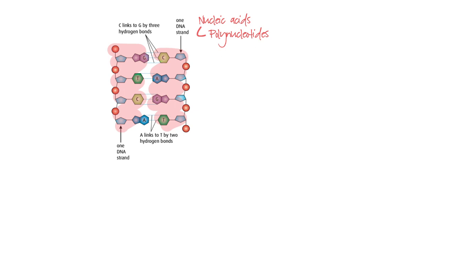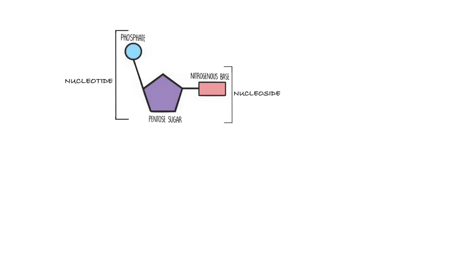As the name suggests, a polynucleotide is going to be a chain of many nucleotides. Poly means many. So if you have many smaller molecules which are called nucleotides together in a chain, that is a polynucleotide. Now, if you look at the individual nucleotides, this diagram here shows you what their structure looks like.